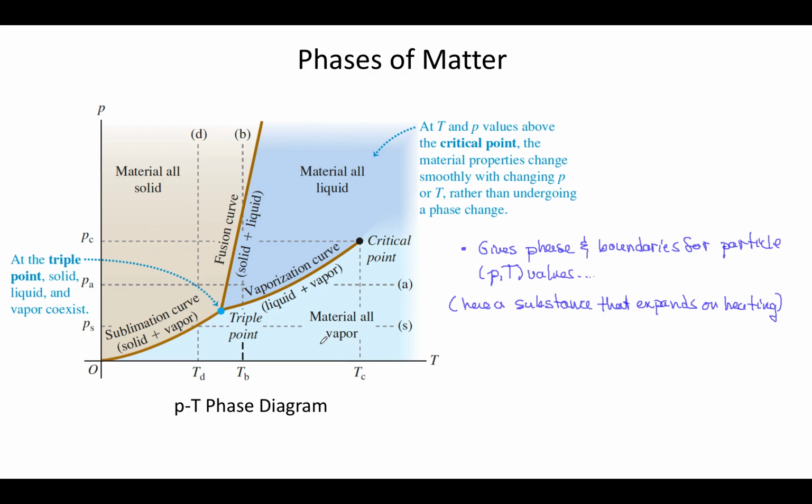The bottom rightish is all vapor area. And then at some point here, we see in the upper right boundaries for the liquid area. All along these curves are pressure-temperature values at which phase coexistence occurs.